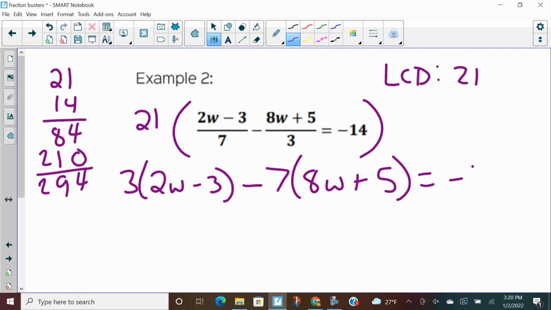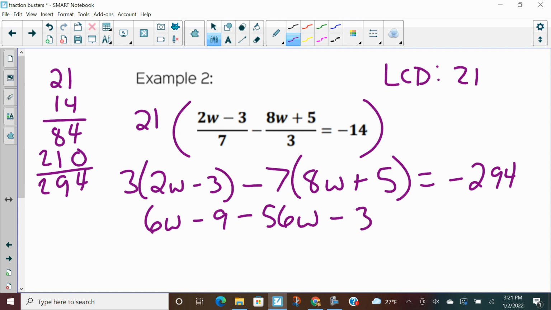Negative 294. Okay, and then I solve. So I get 6W minus 9 minus 56W minus 35 equals a negative 294. 6W minus 56W is a negative 50W.